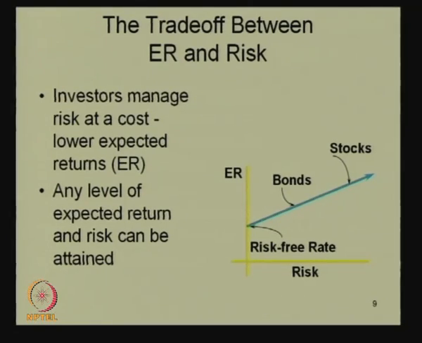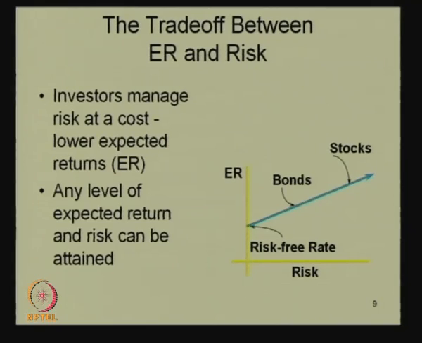That means the expected return of the bond is always lower than the expected return of the stock, and because of that, the expected risk you are going to face from the bond is always less than the expected risk you are going to get from investing in the stock.